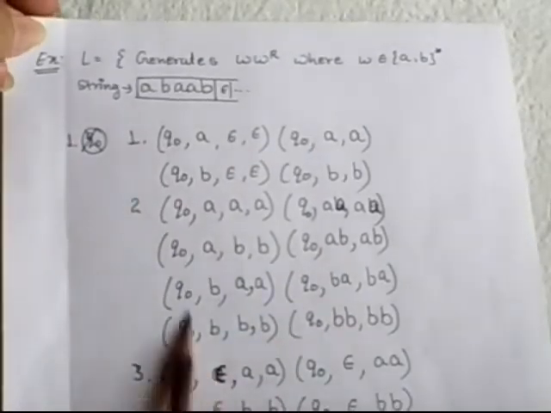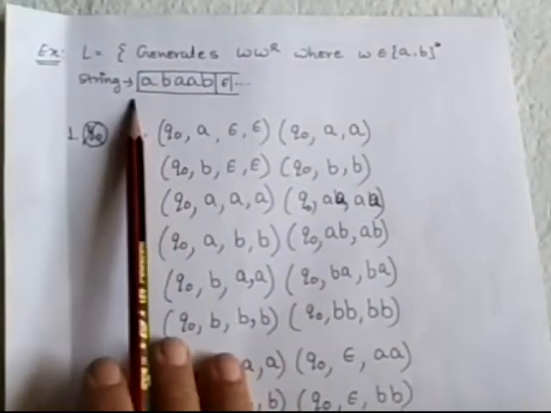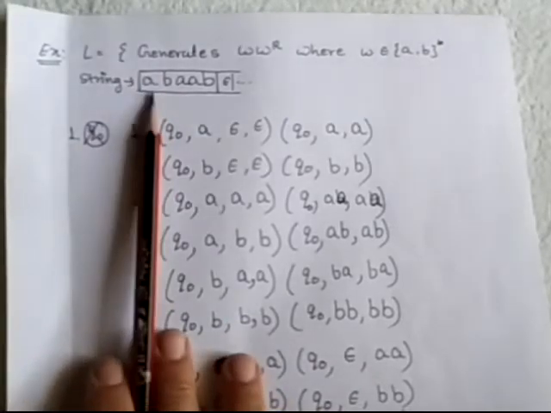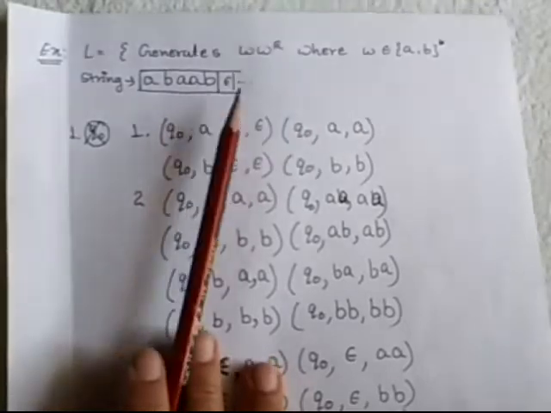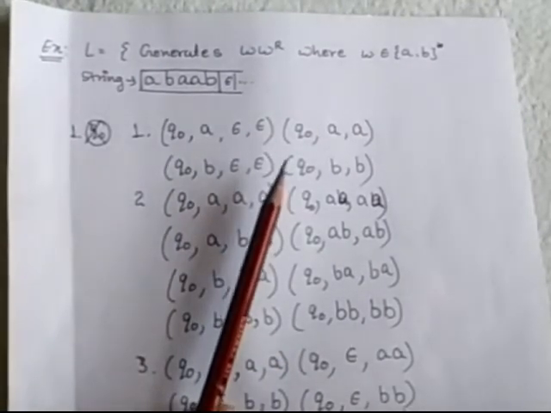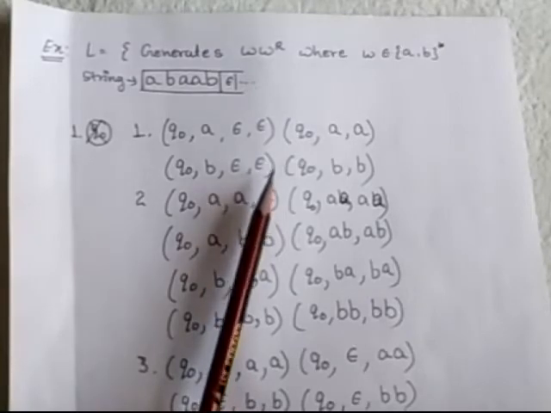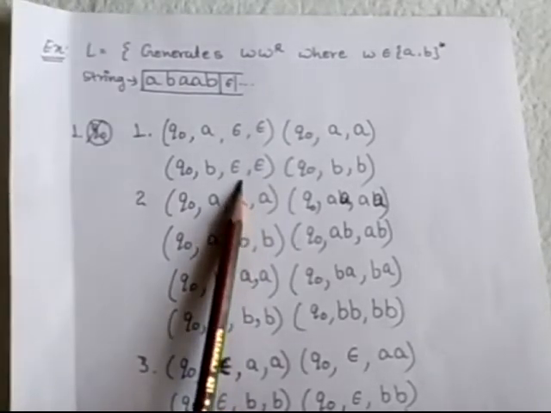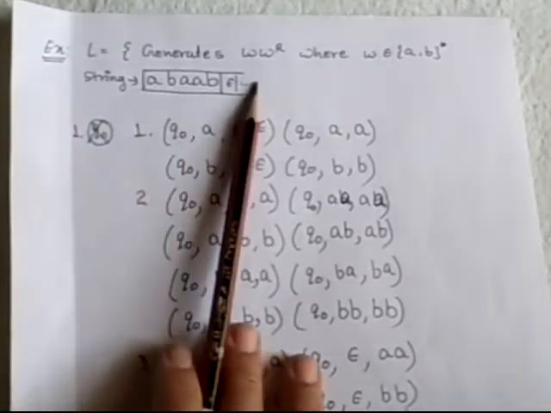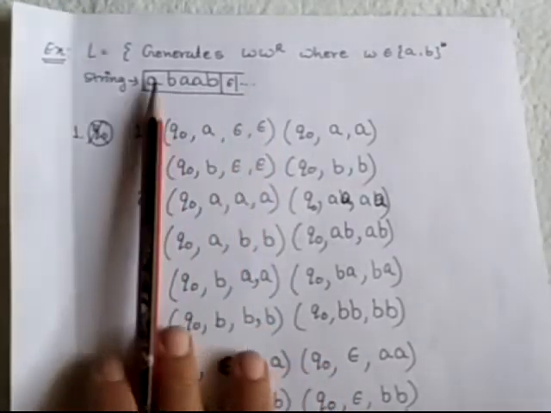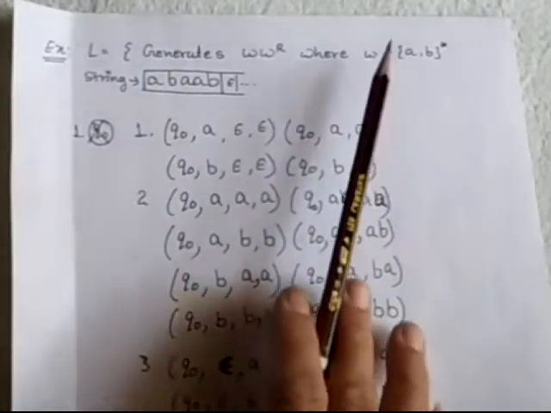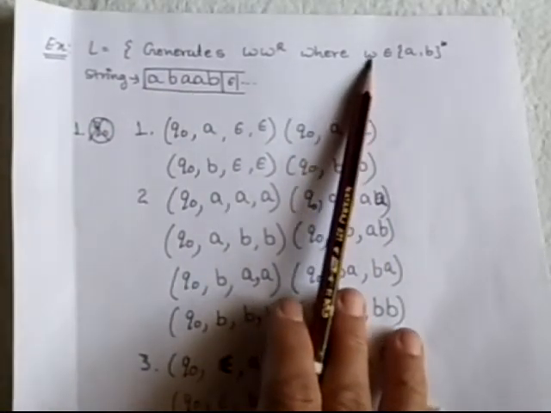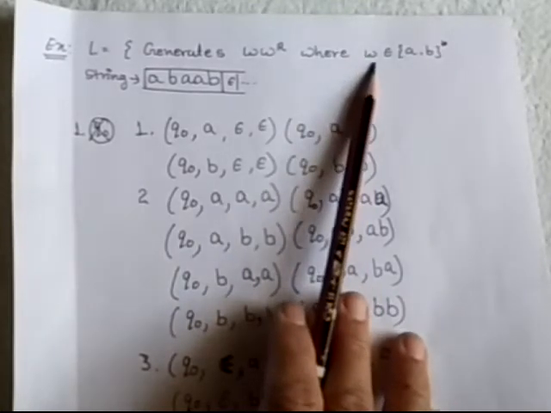Let's see one more example. Two-stack PDA is equivalent to Turing machines, and Turing machines can be designed as an acceptor, as a generator, or as a computing device. So this is an example which shows it as a generator. In this, what is happening? We have a string W and it generates this.